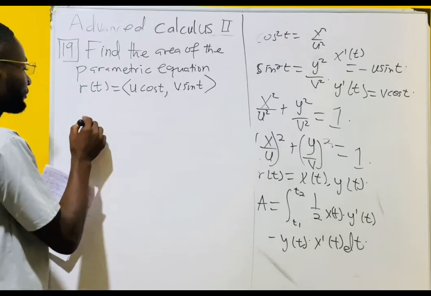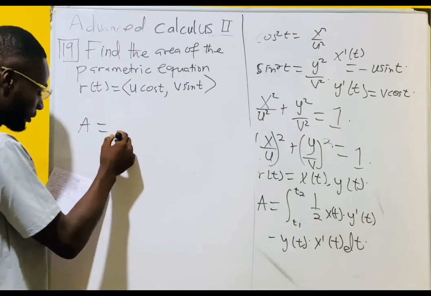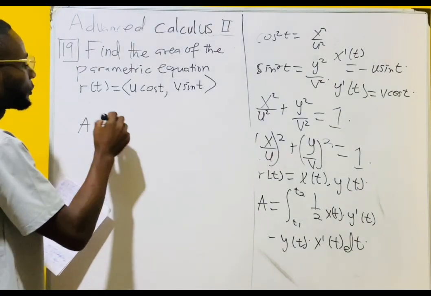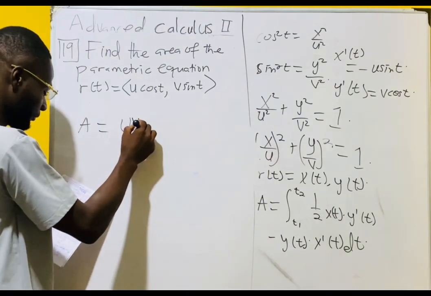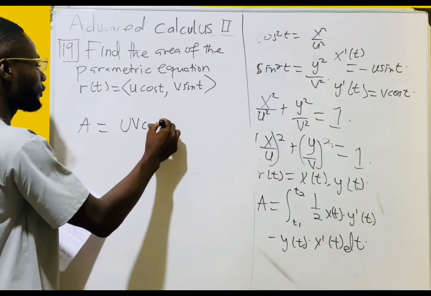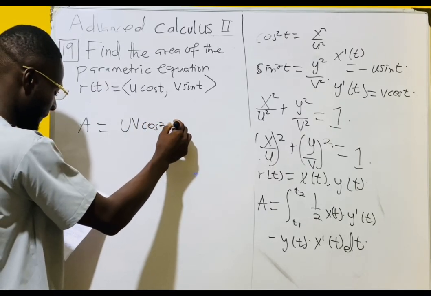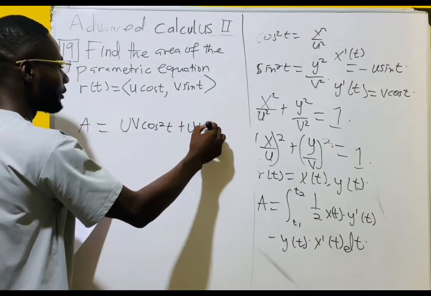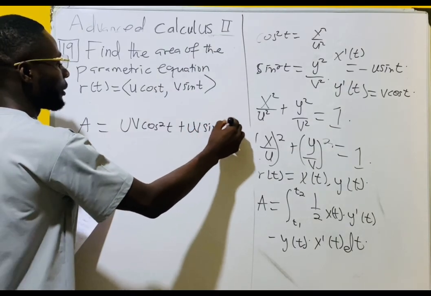When we do that substitution, we're going to have our area equal to uv cos squared t plus uv sin squared t.